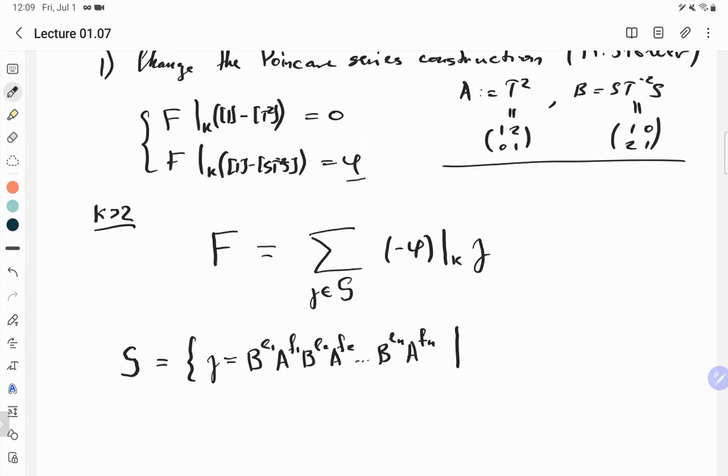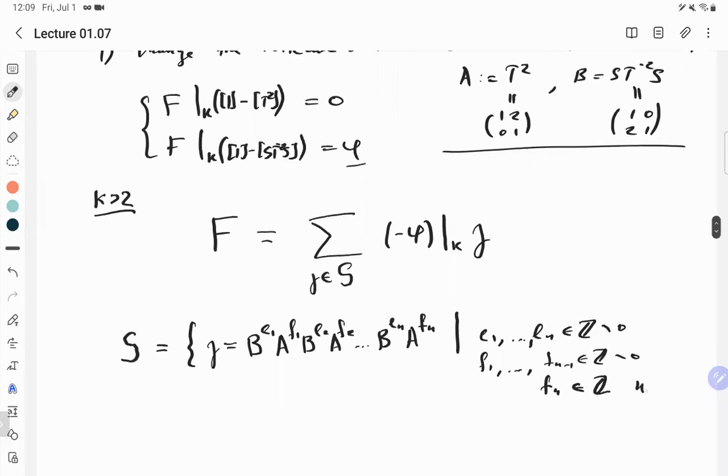The conditions are: e1 up to en are non-zero integers, f1 up to fn minus 1 are also non-zero integers, and fn is just any integer.